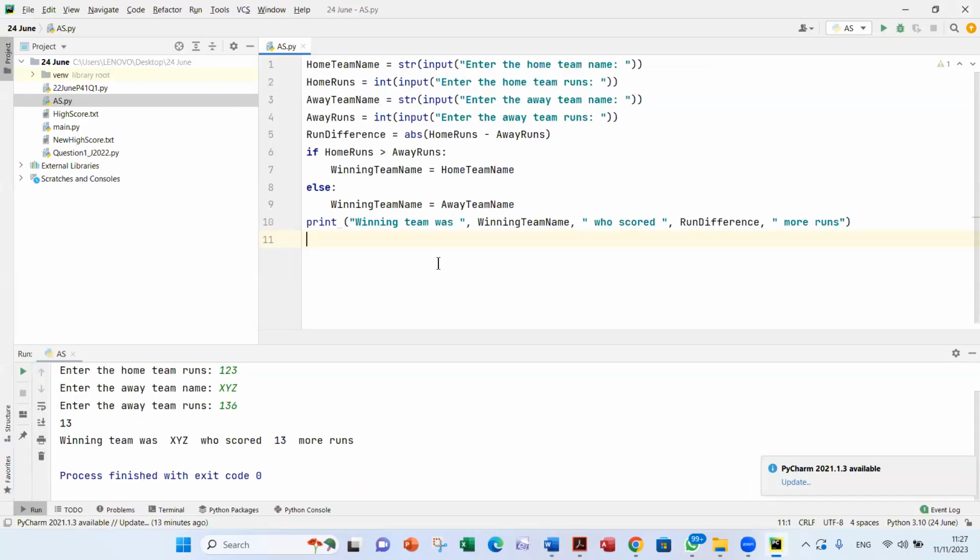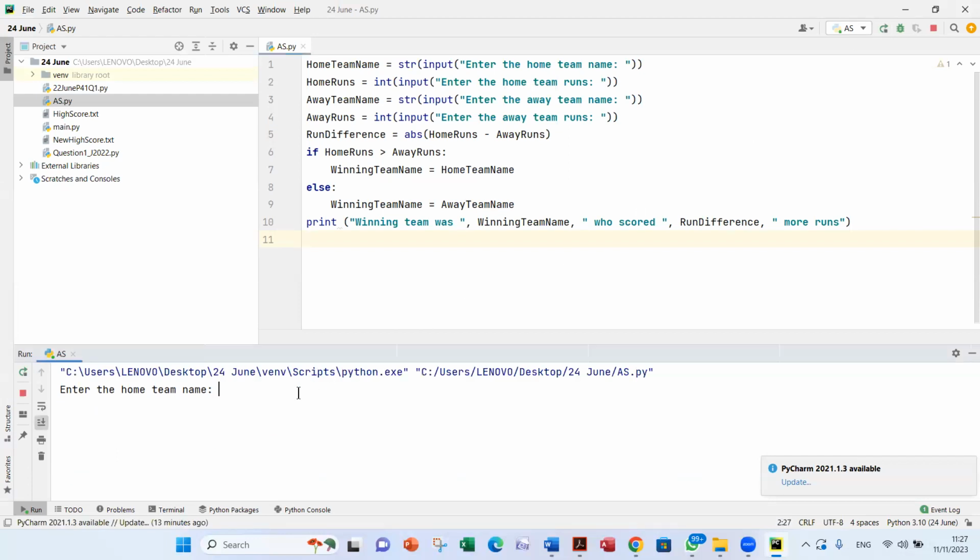Okay, let us look at the code. So this is the code. Let us run it again and give two equal values. And this will be incorrect. You don't need to fix this right now. Okay, so the home is ABC, and he scored 100. And the away is XYZ, and he also scored 100.